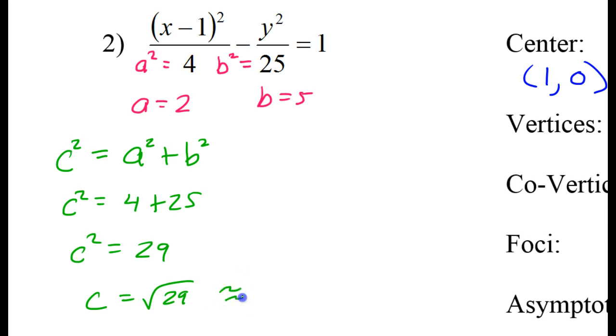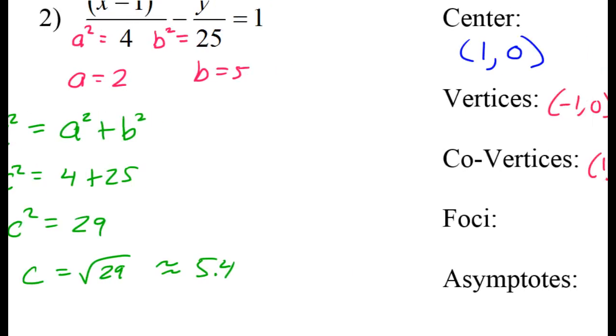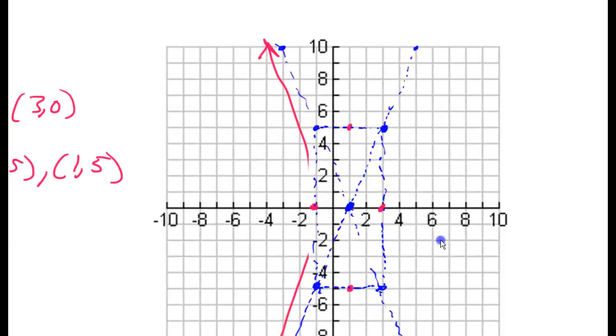That is approximately 5.4, which I will use just for graphing purposes. So, of course, the foci will be in the interior of these branches. So I'm going to go approximately 5.4 from the center in both directions.